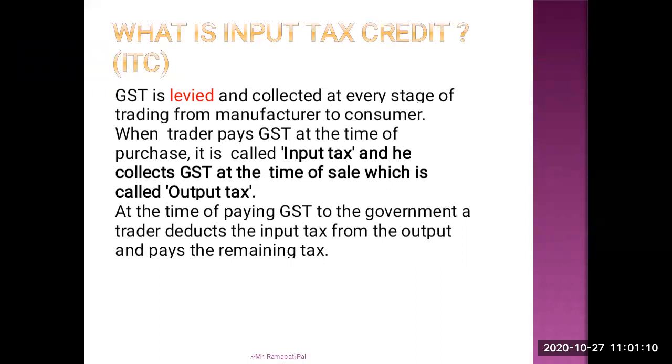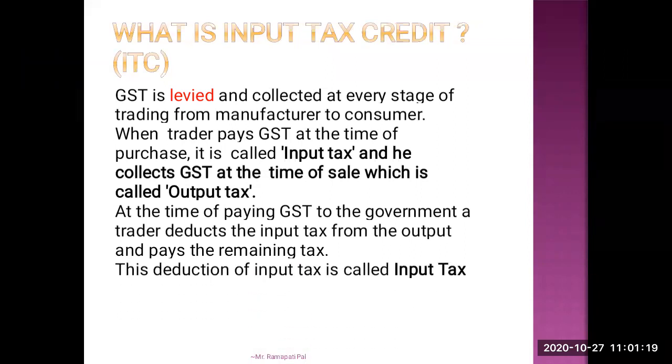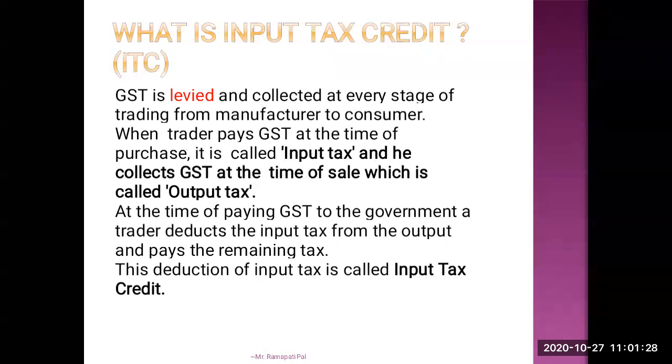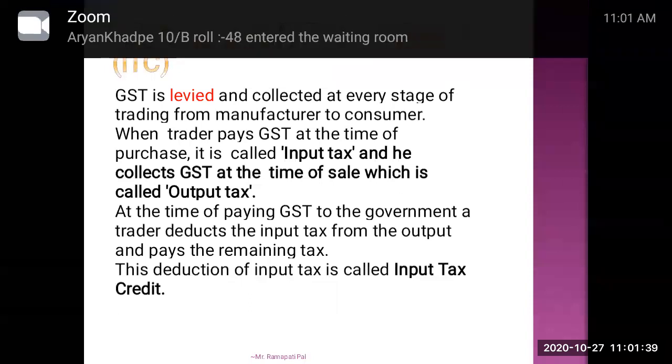This deduction of input tax is called input tax credit. So GST payable is equal to output tax minus ITC, input tax. Okay, output tax minus input tax, that is the GST. Is it clear? So this formula we are going to use.